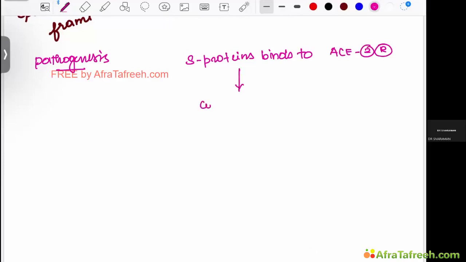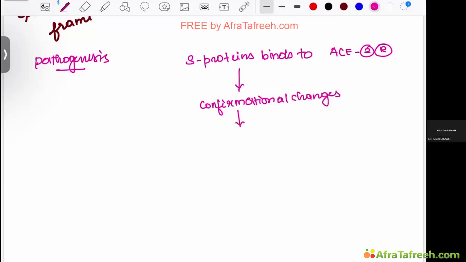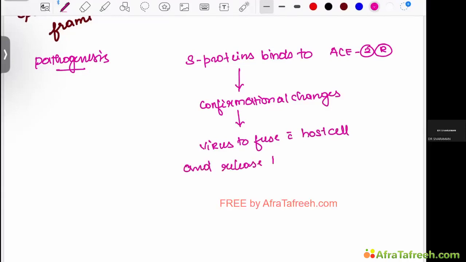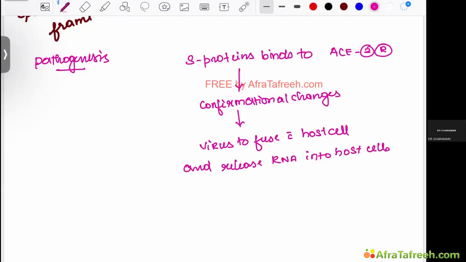There will be a conformational change, which causes the virus to fuse with the host cell and release RNA into the host cell. Okay, it will make the RNA enter into the host cell. Okay, that is the one.